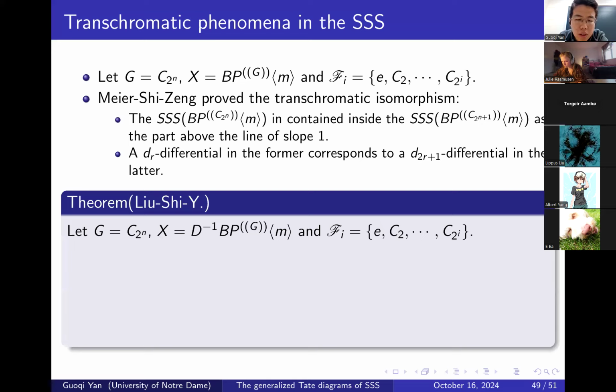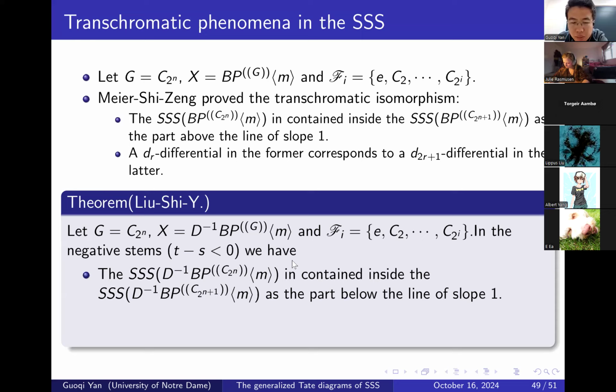Now, my collaborators and I are utilizing the entire Tate diagram. We use the Tate spectral sequence as well as a vertical fiber in the Tate diagram. And using all of these comparisons, we prove the transchromatic phenomenon in the negative cone.